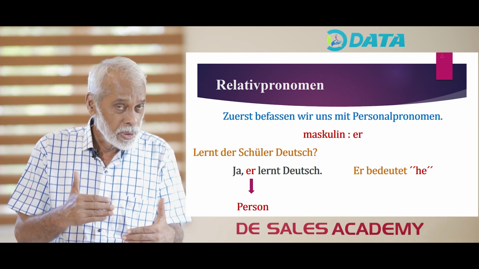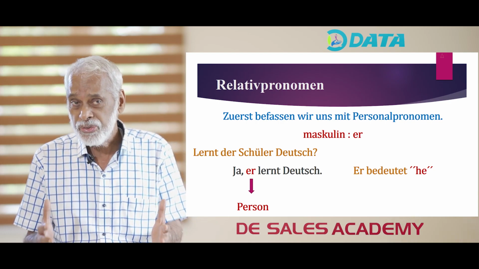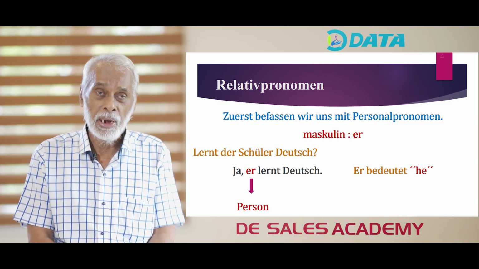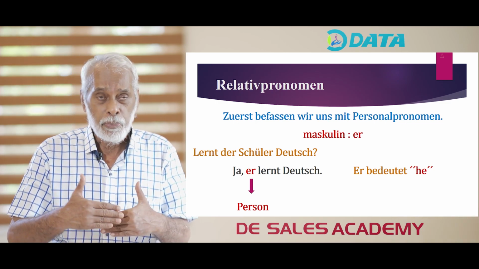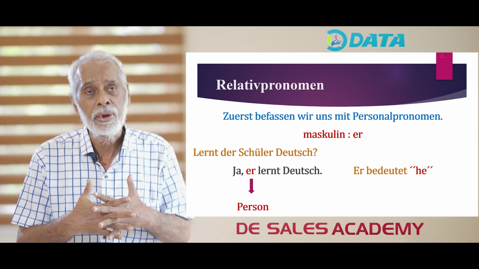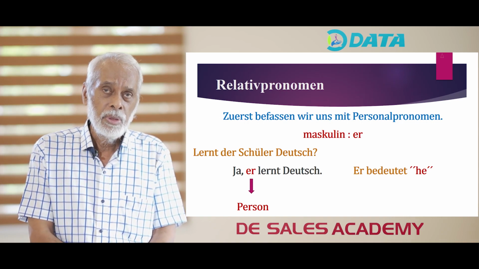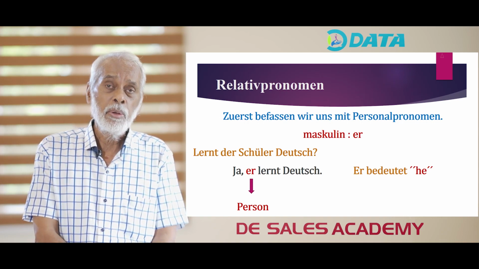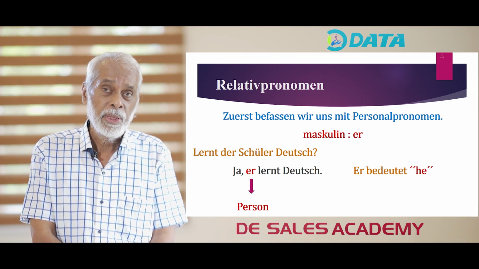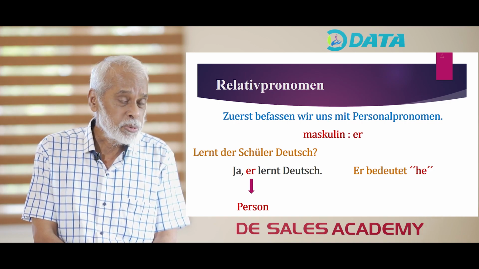After getting a good knowledge about the personal pronouns, we will shift to the relative pronouns, because the personal pronouns and the relative pronouns are very closely knitted. They have a close combination. So first we deal with the masculine personal pronoun er. Look at the Beispielsatz.